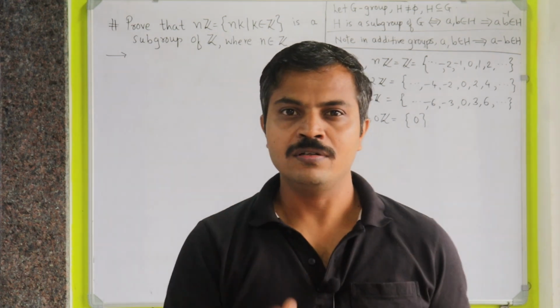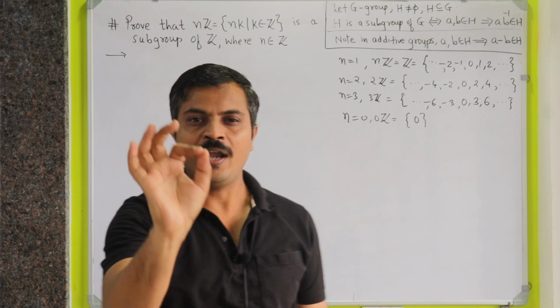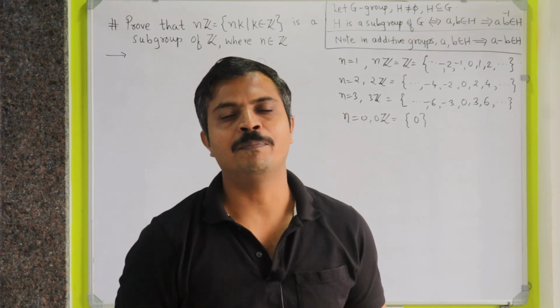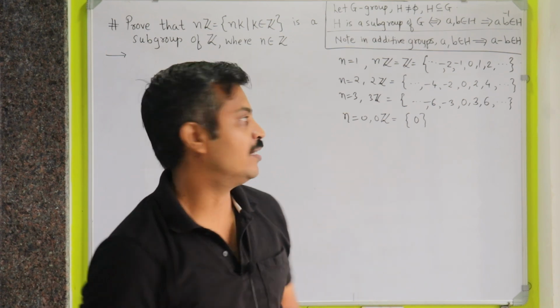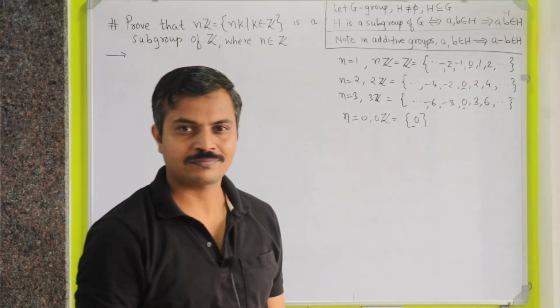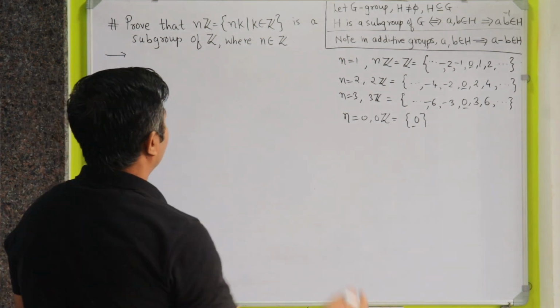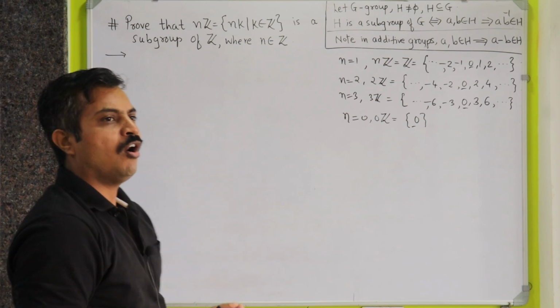So, if we observe these sets properly, in each and every case one element is always present, and which is that? Absolutely, that is nothing but 0. Because we can write 0 as a multiple of n all the time.